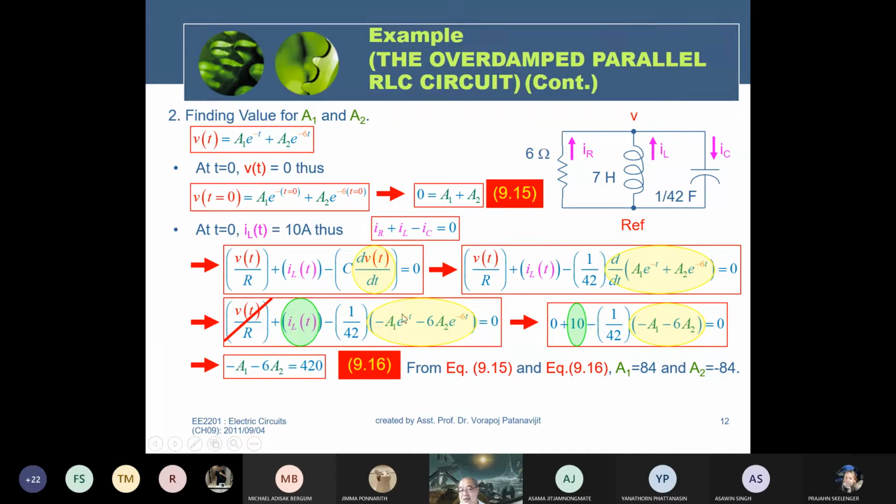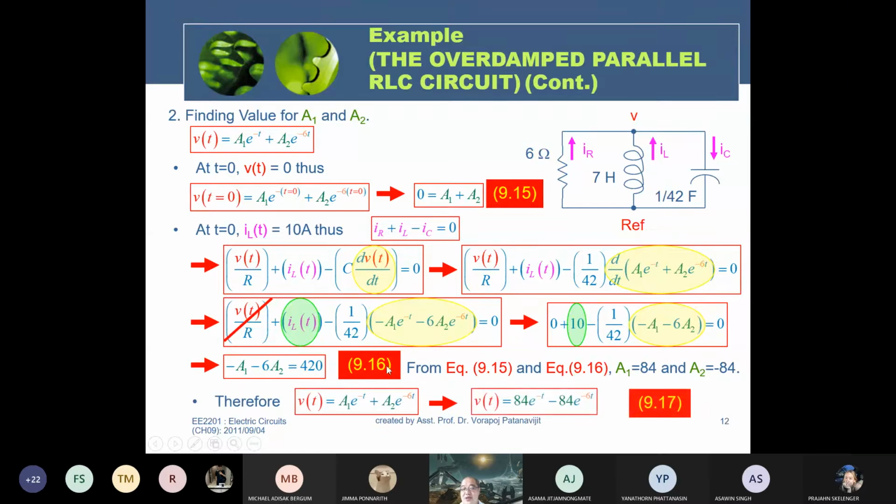You substitute every t to be 0. Anything to the power 0 gives you 1. Therefore, in the final solution, you get -A1 minus 6A2 equal to 420. From equation 15 and equation 16, two equations and two unknowns, you can solve that A1 equals 84 and A2 equals -84.